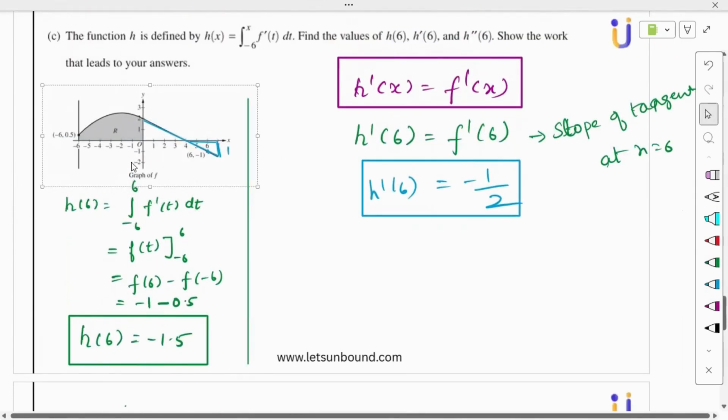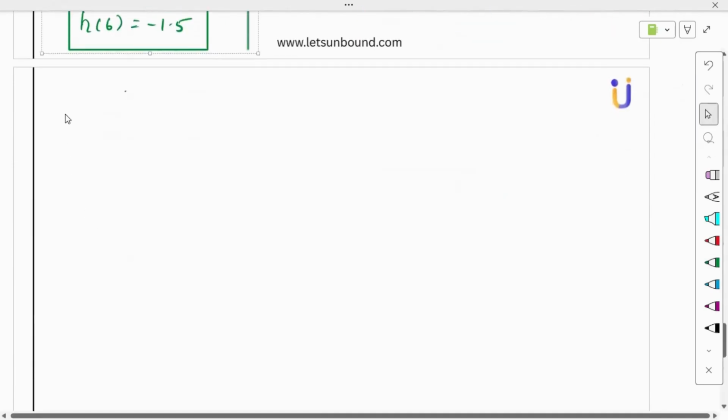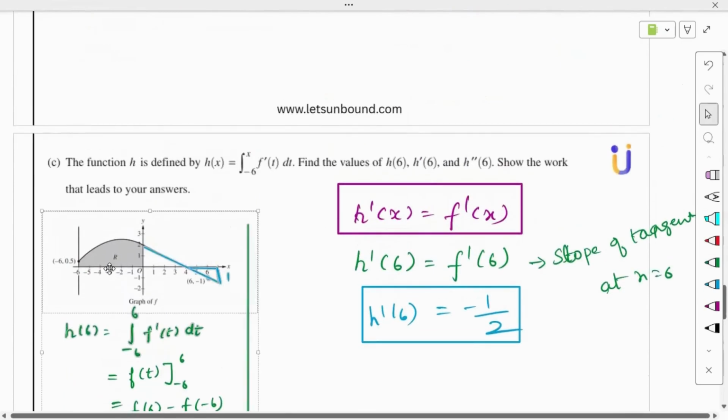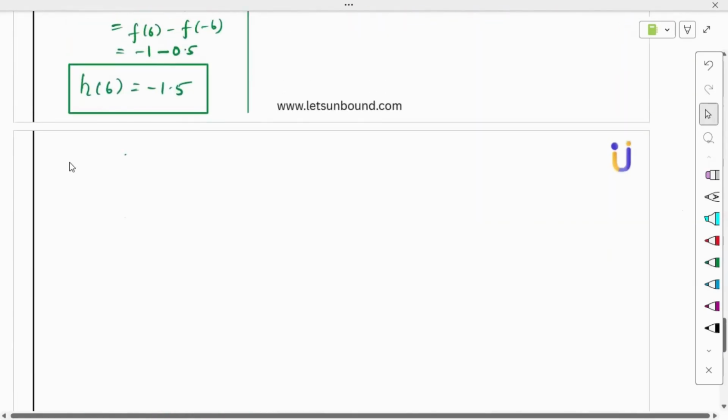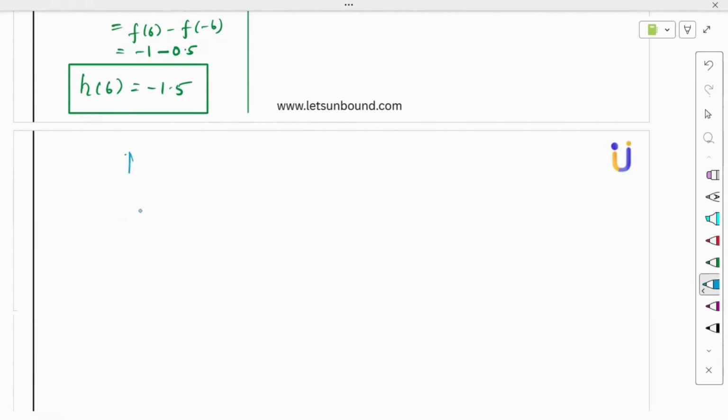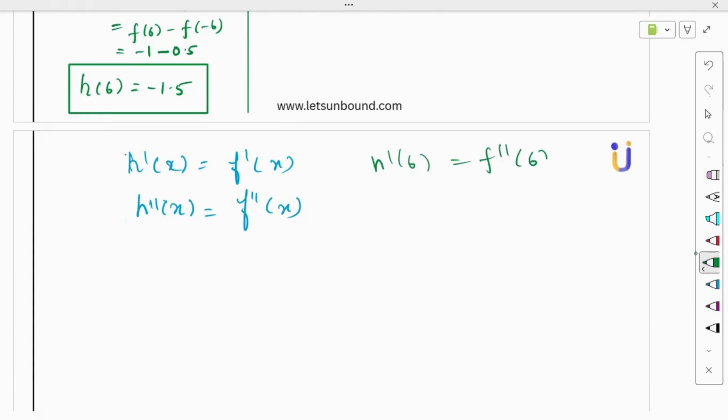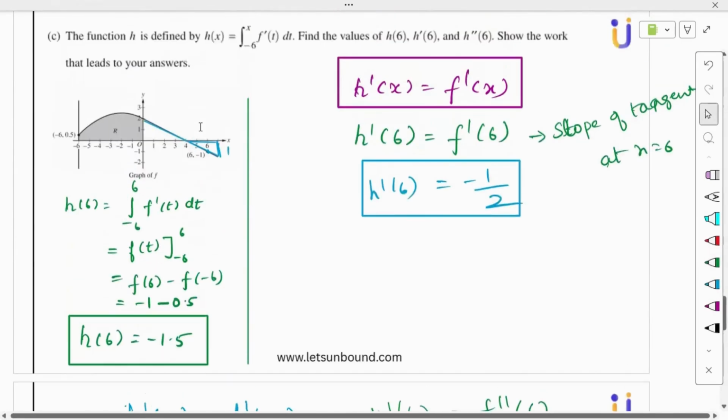We already know h dash of x is f dash of x. So h double dash of x means f double dash of x. So if you want h double dash of 6, you find f double dash of 6. Double dash means concavity.